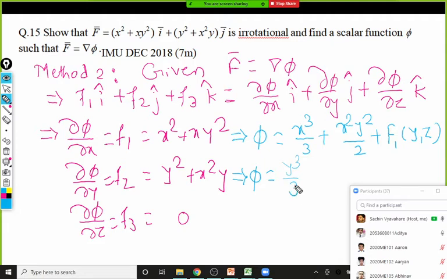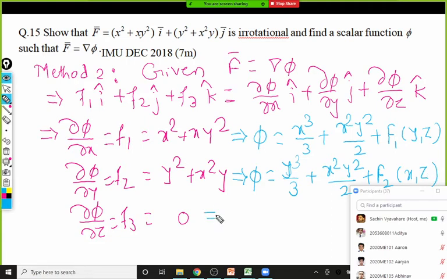Y cube by 3 plus x square y square by 2 plus a function of x and z, f2 of x z. Okay, good.